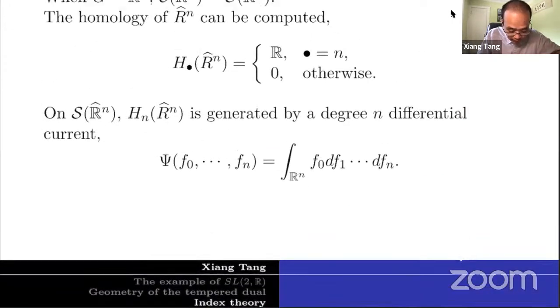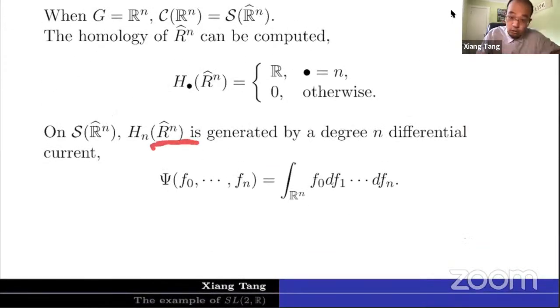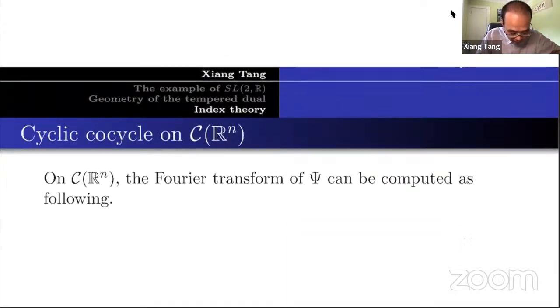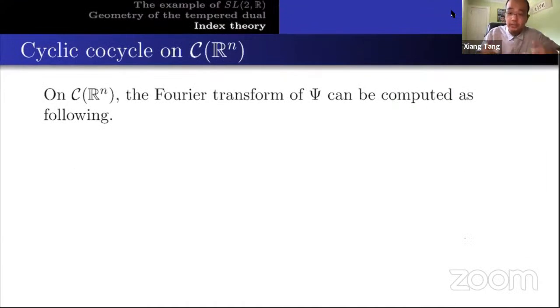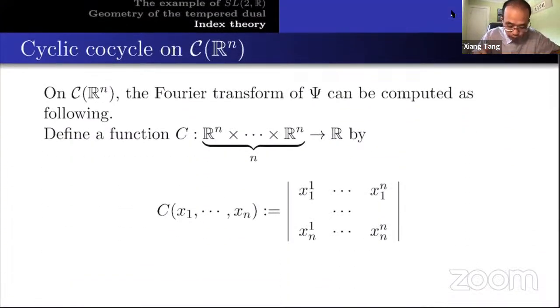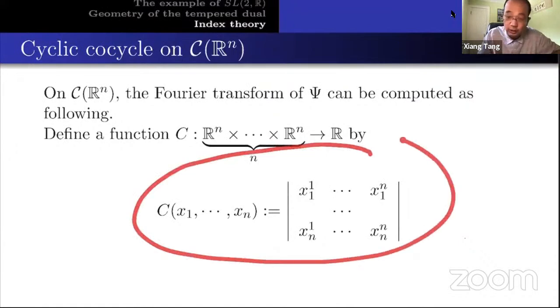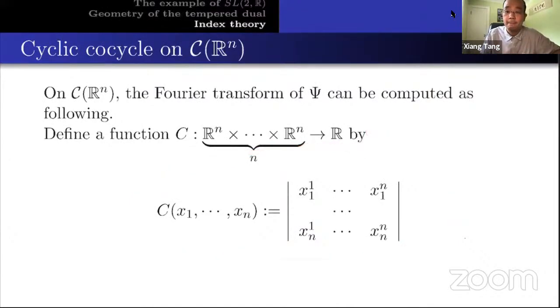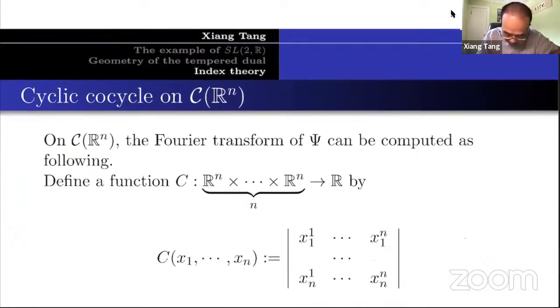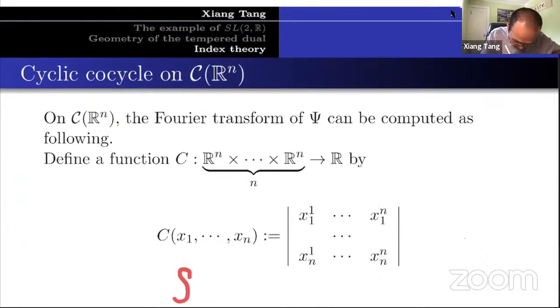Now, this is on the dual. We can try to write it on the group case, on the group. When we write this on the group, it is just by doing the Fourier transform. So no magic here. It's very straightforward. You just do the Fourier transform, then you'll realize the nice determinant function showing up. So before we had df0, df1, df2.